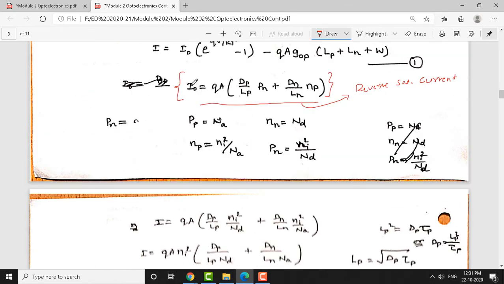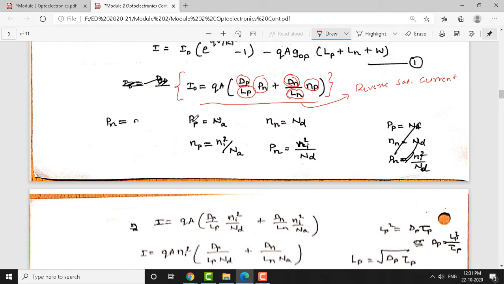Now the reverse saturation current I naught is Qa times dP by Lp into Pn plus dN by Ln into Np. Here dP is the diffusion constant for holes, Pn is holes on the n side, Lp is the diffusion length for holes, dN is the diffusion constant for electrons, Ln is the diffusion length for electrons, and Np is electrons on the p side.